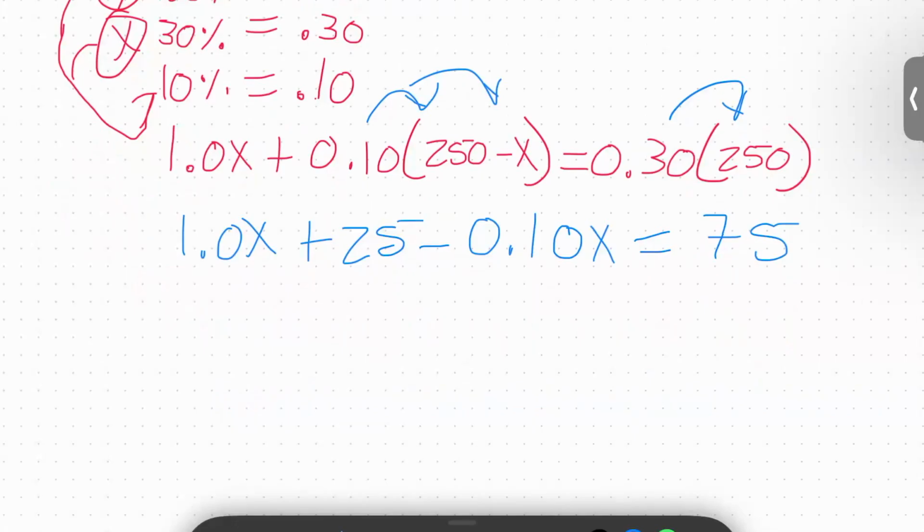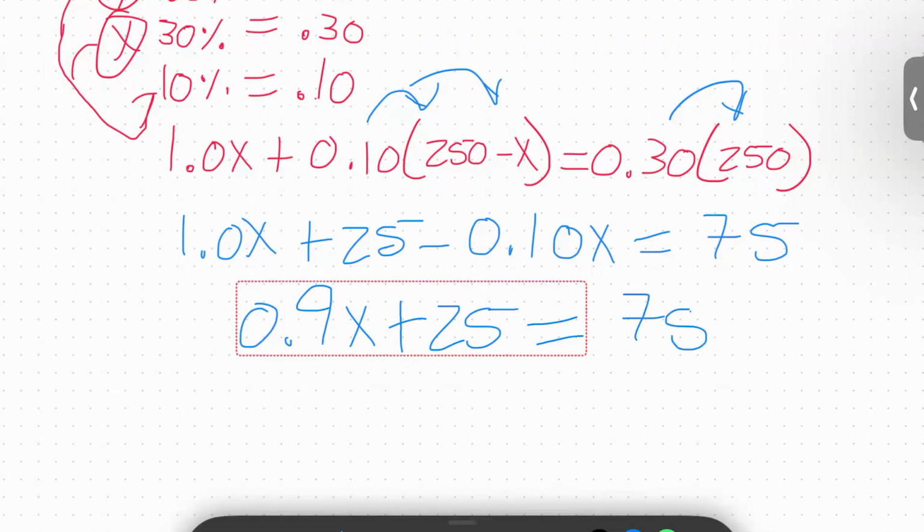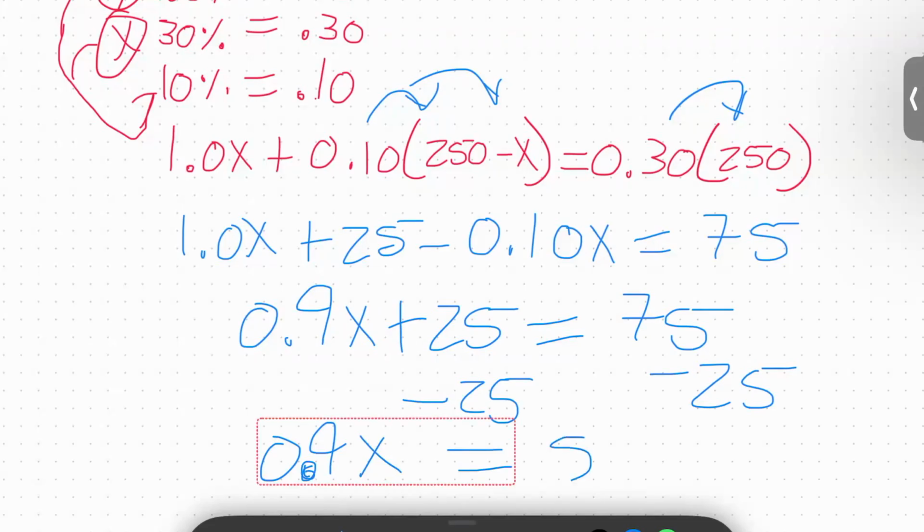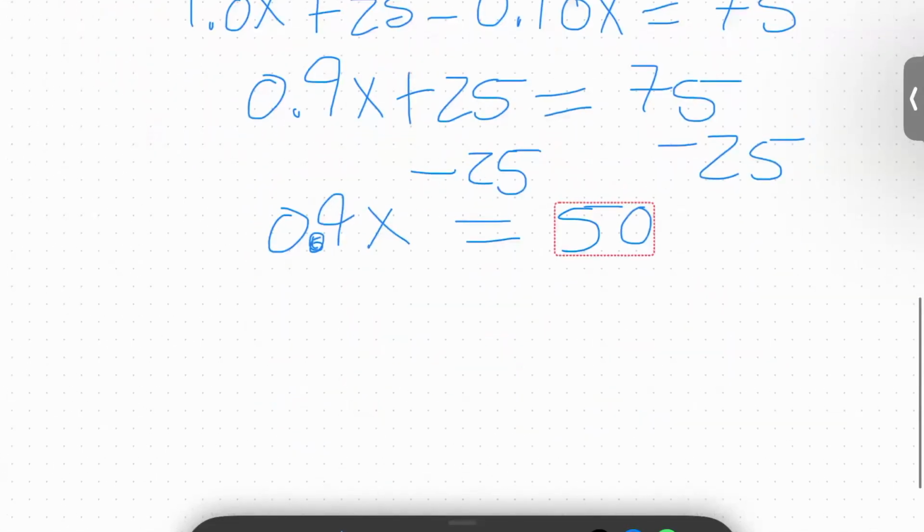Okay. Then we're going to combine our like terms. This one's going to send this one to the negative 0.90x. Minus 25, minus 25, 0.9x equals 50. Divided by 0.9.